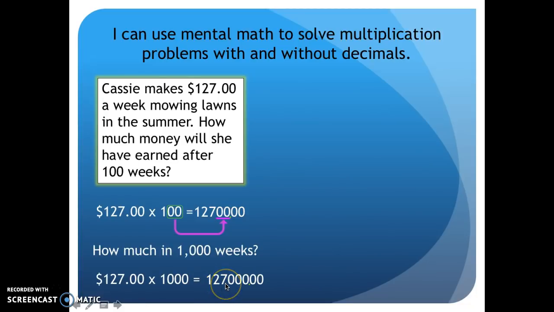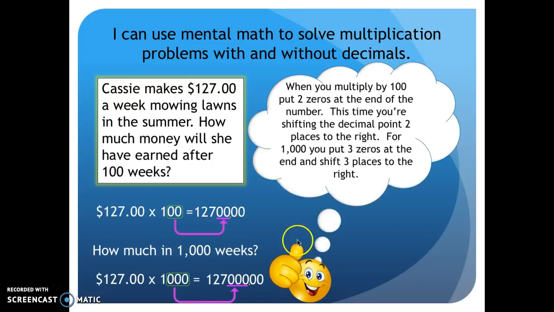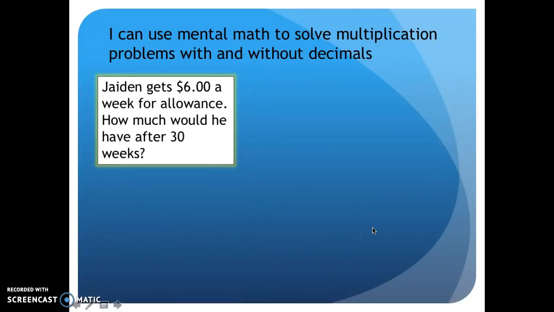So here's our original 127, adding on our 3 zeros, or moving our decimal 3 places to the right. You can see that she would make $127,000. I think I'm going to go to her and borrow some money. All right, so when you multiply by 100, you put 2 zeros at the end, which means you're shifting your decimal point 2 places to the right. For 1,000, you put 3 zeros at the end and shift 3 places to the right.